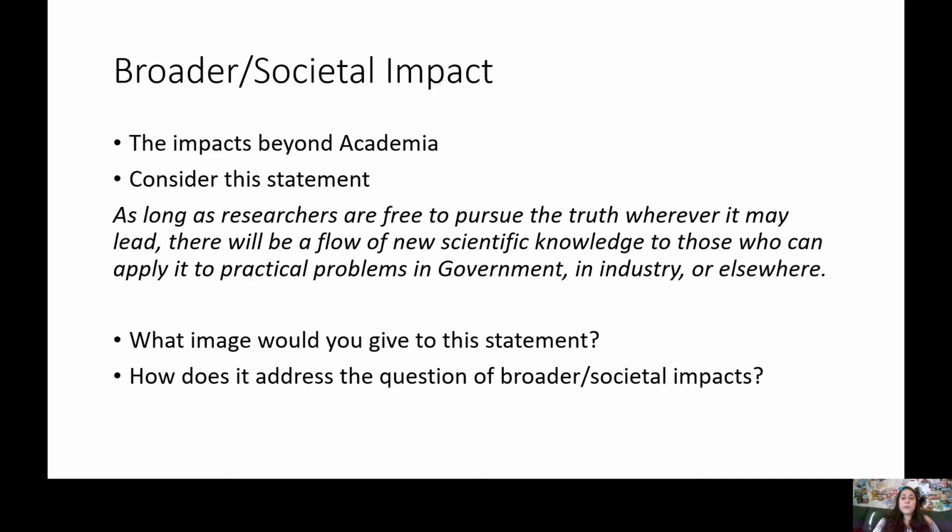So when you're writing papers for a broader societal impact, talk about how they affect the broader society. What problems are they looking to solve and how do they do it? Really relating to people how this work is going to affect their lives.